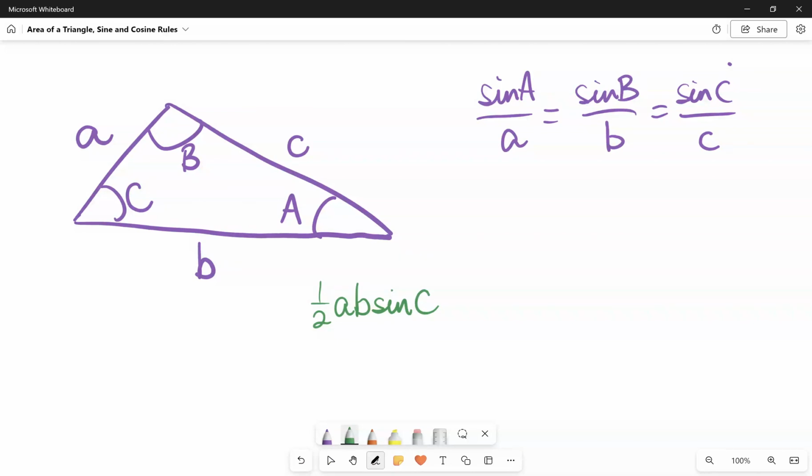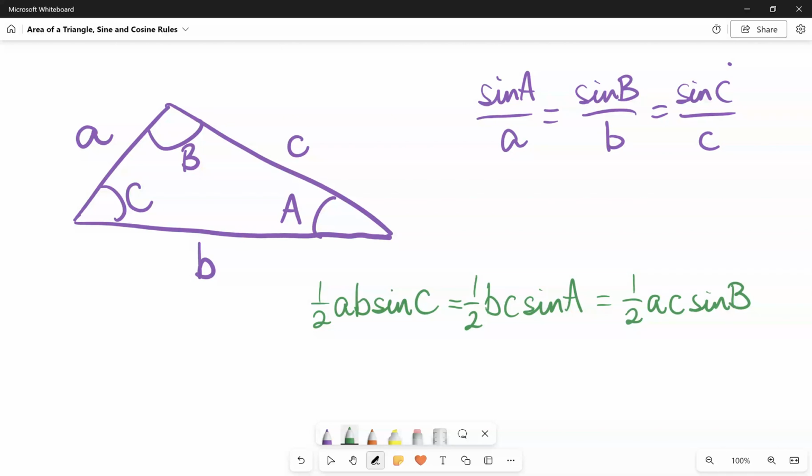If I looked at a different pair of sides and then used the angle between them, we could get the area of the triangle as, for example, half bc sine A, which is also equal to half ac sine B. All of these should give the area of this triangle because it's just the angle between two sides multiplied by the two sides times a half.